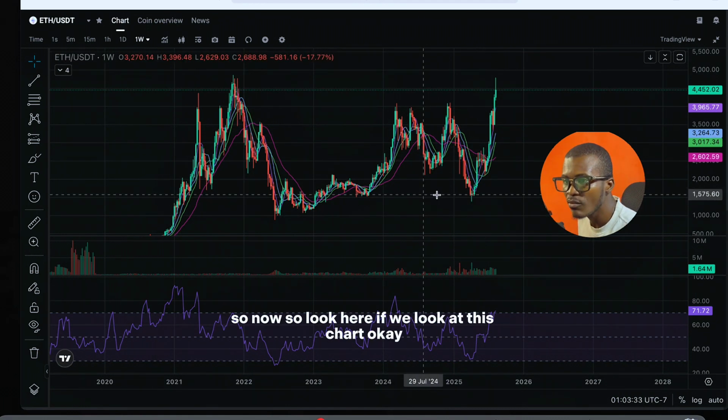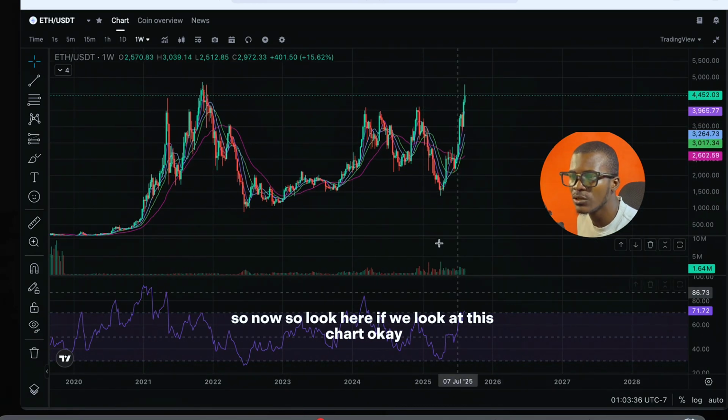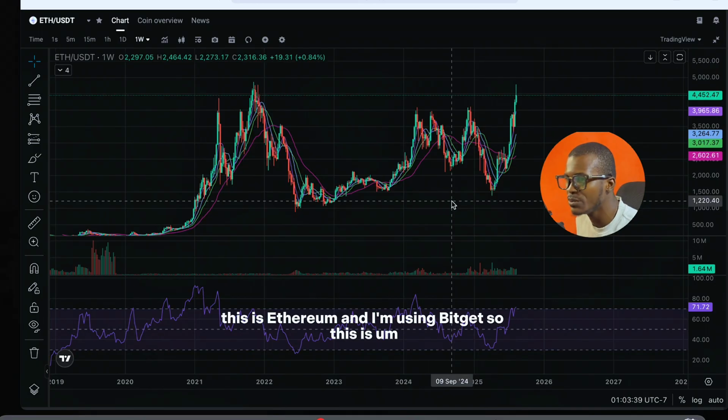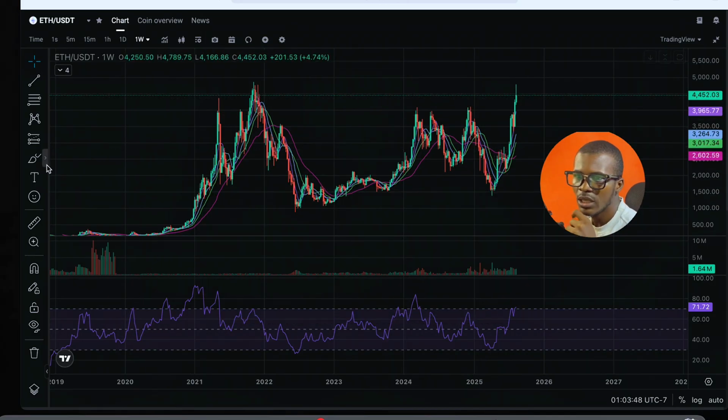So look here, if we look at this chart, this is Ethereum and I'm using Bitget. We are on a 1 week time frame.